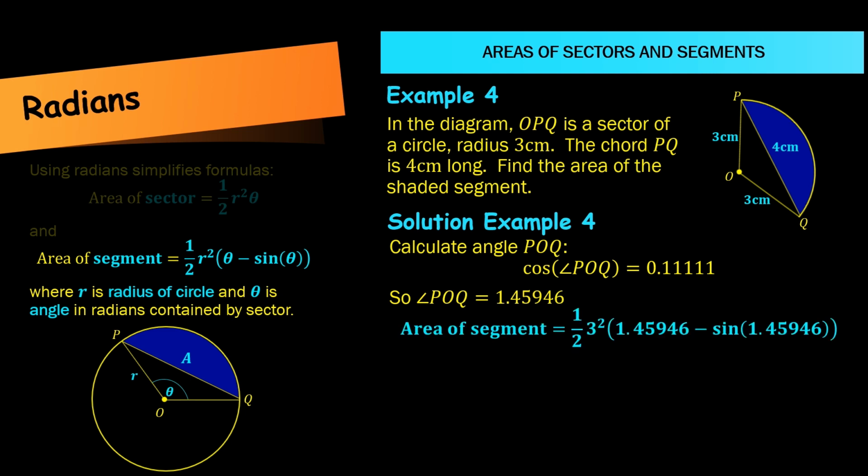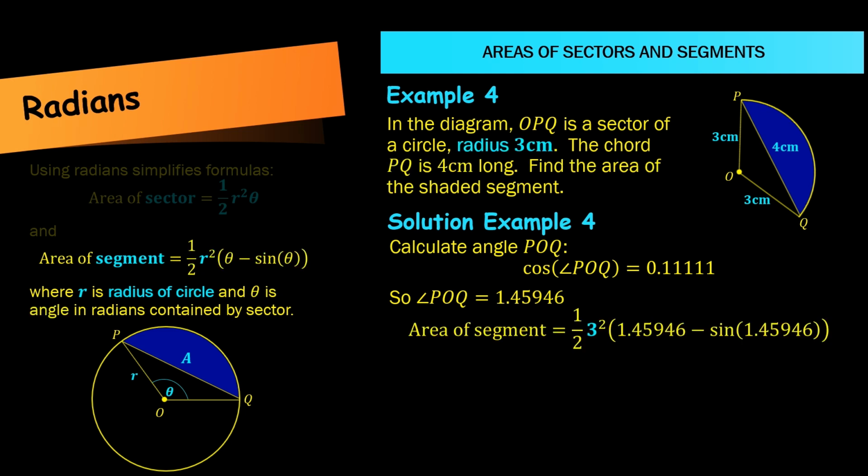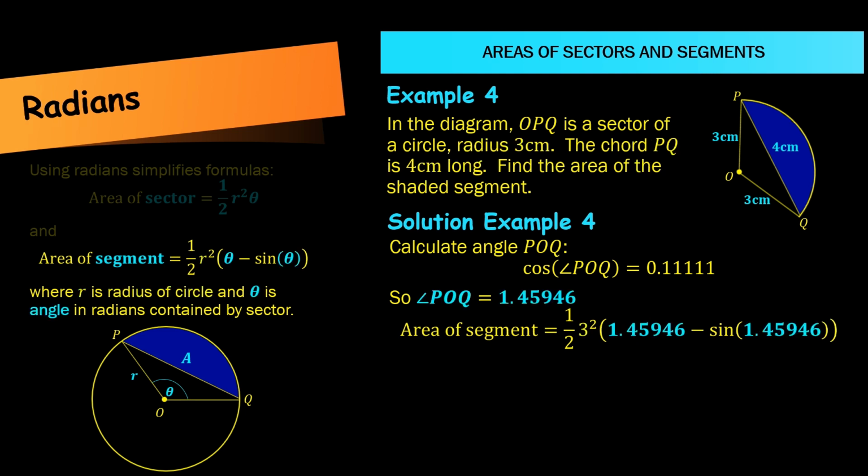So plugging in the value of r and of theta gives us this expression here. The area of the segment equals 1/2 times 3 squared, where the radius is 3 centimeters, times 1.45946 minus sine 1.45946.